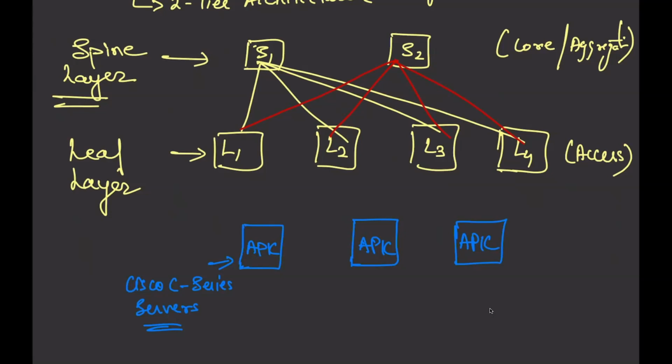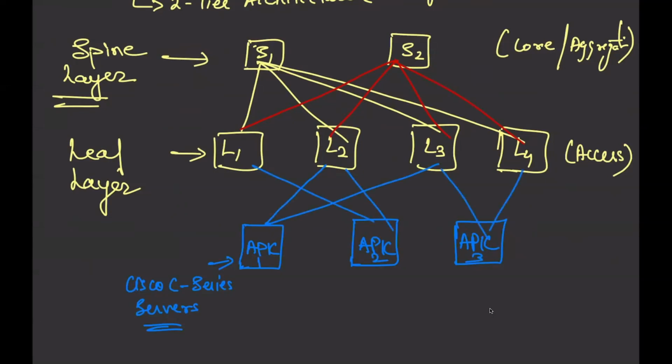For example, this controller is having a two-port card. So you can connect to any two leaves. There is no compulsion. You can connect wherever you want, with any leaf. For example, you have 1, 2, 3. Then the second one I can connect like this. The third one I can connect like this. So it depends on your choice.